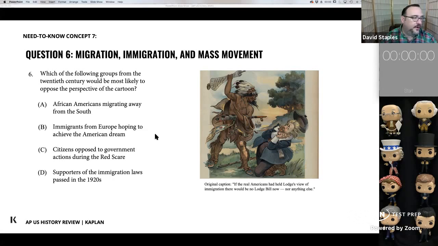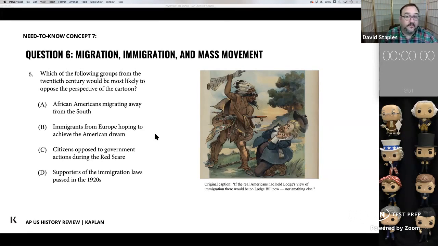So who's going to be opposed to this? What this cartoon is showing is basically, if those people who came over on the Mayflower and everything like that had the same view of immigration as this Lodge bill, then the Native Americans would have just killed them all and it wouldn't have mattered. But they're saying, aren't you glad that our ancestors murdered and stole land and all of that stuff?